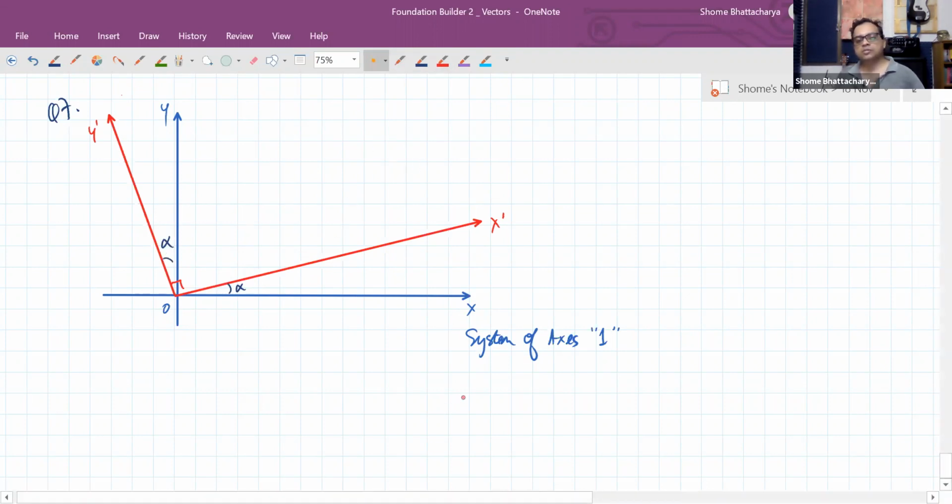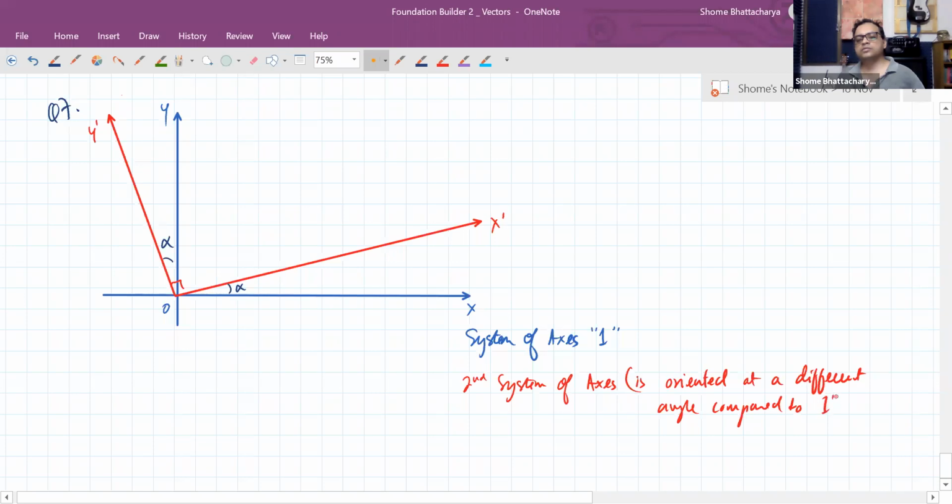So my second system of axes is oriented at a different angle compared to the first one. Now I'm describing a certain situation using this.